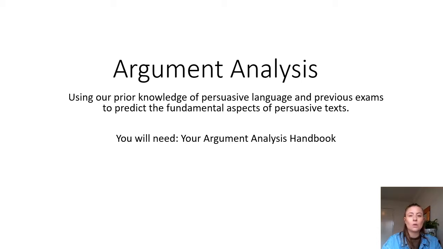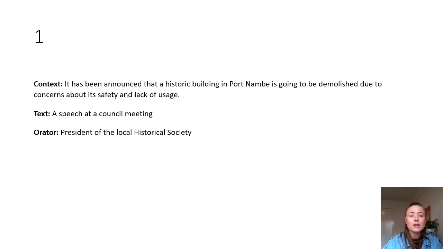And by doing this, we are practicing associating certain persuasive texts and their authors and their contexts with the most likely approach that they would use. So let's look at our first.